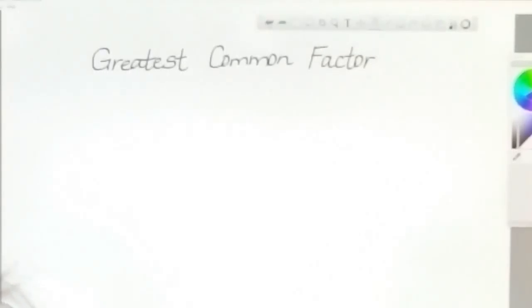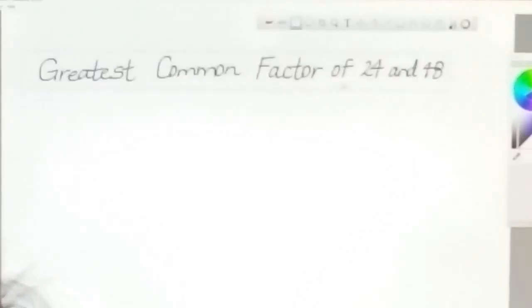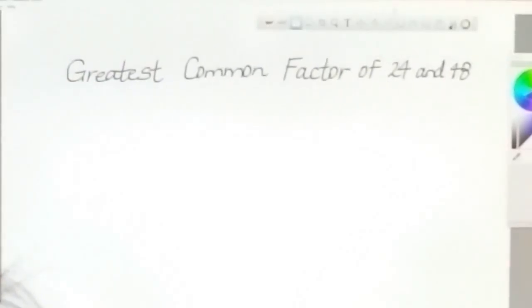So let's say the greatest common factor, singular, of 24 and 48. Let's turn around that problem that I just did and see how it goes the other way.